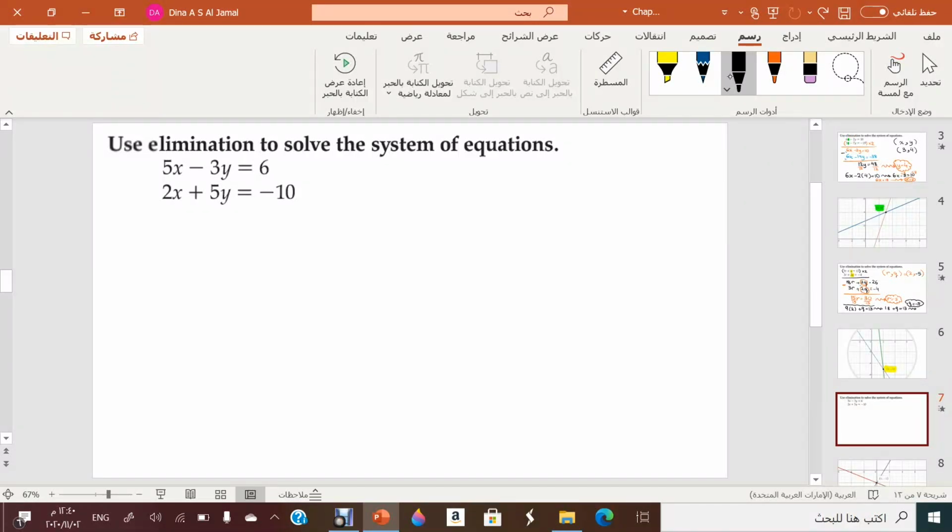So now just pay attention with me. What we will do now is that I will be choosing a variable to be eliminated. For example, I would like to eliminate 5x and 2x. So what shall I do to eliminate it? First of all, to the first one, I will multiply it by 2. To the second one, I will multiply it by 5.